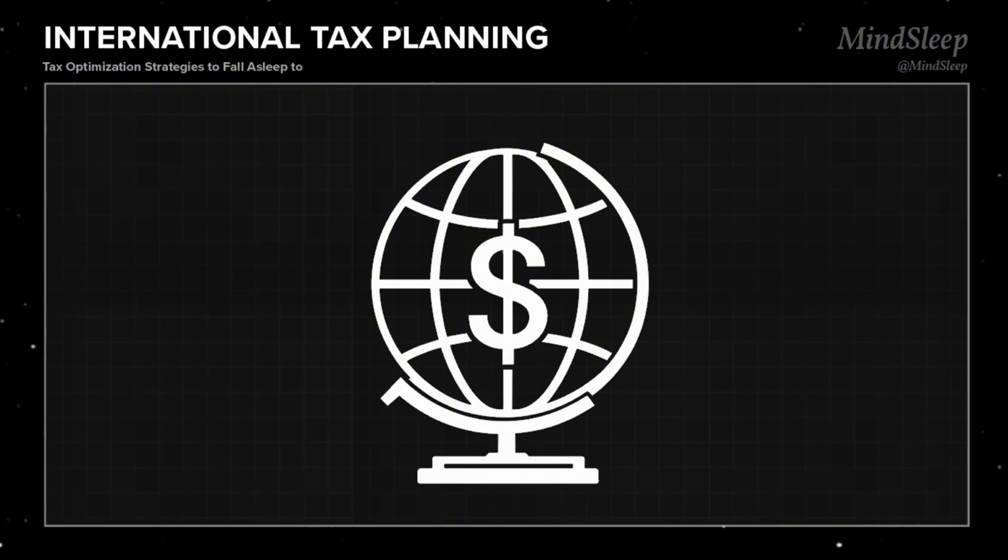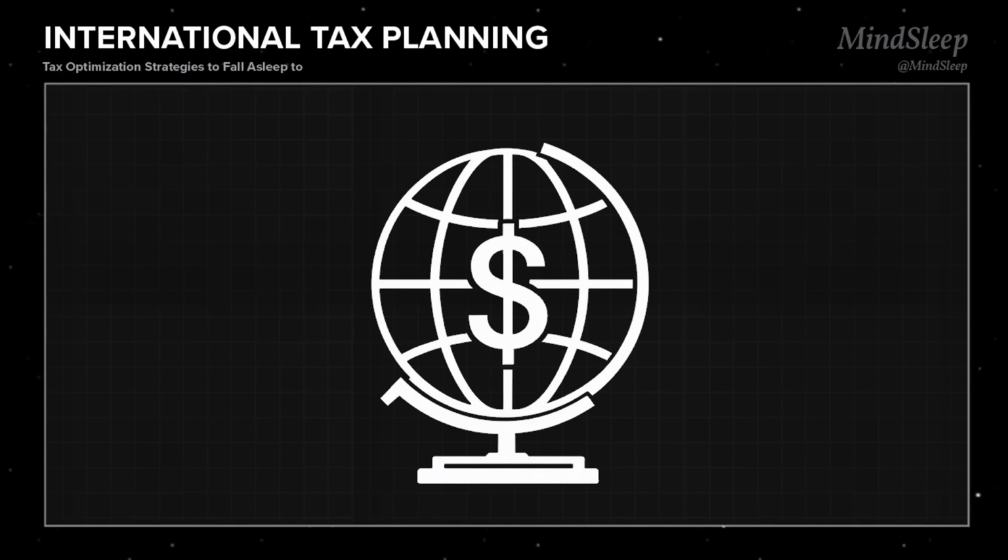As we transition to our next topic, estate planning techniques, we carry forward the lessons of international taxation. The principles of cross-border planning and long-term strategic thinking will serve as valuable foundations as we explore how to preserve and transfer wealth across generations.